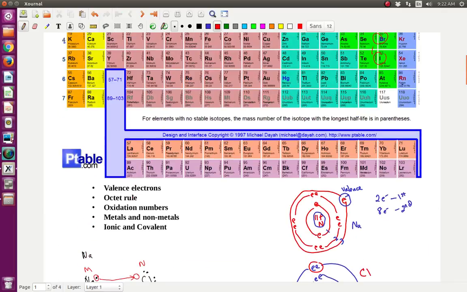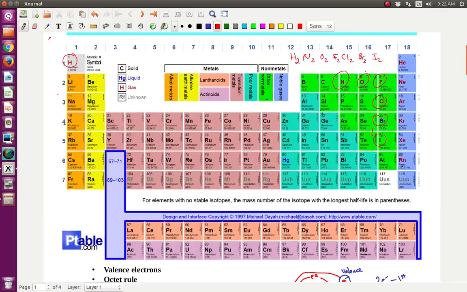So, the SPDF blocks. Let's go back up to this one right here. Remember the SPDF blocks? Maybe not. This is where we talk about 1s2, 2s2, 3s2. The S is for the spherical shape, and this is the S block right here. I'm going to make this even larger.